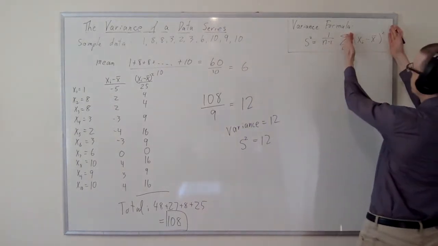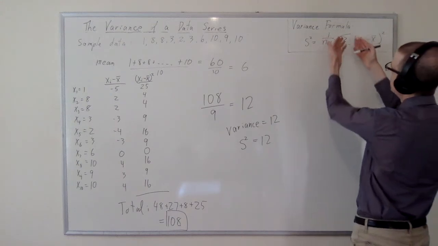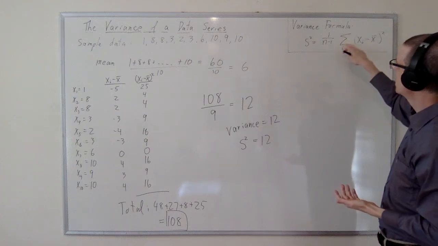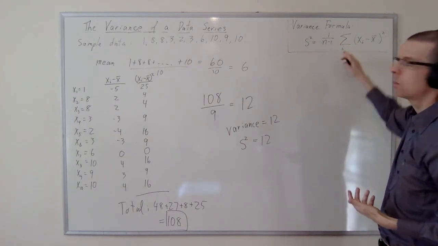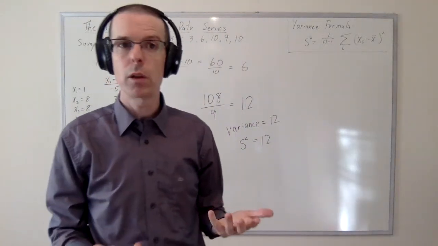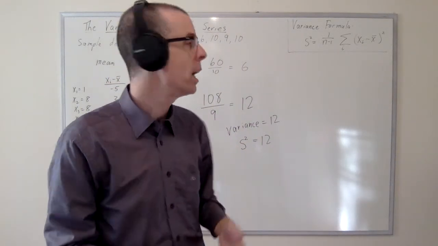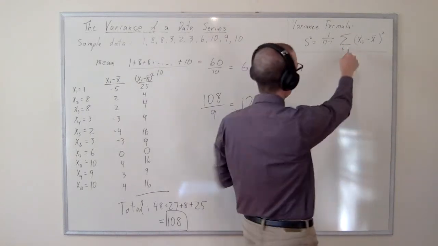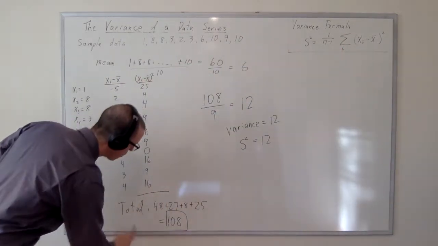Now, what else do we have in this formula? That explains how we decode the meaning of this. Just as in the formula for the mean, a sigma means summation, and a sigma with a subscript i means add them all up for all the possible values of i. And so that basically instructs you to add them all up. That is what I performed right here.